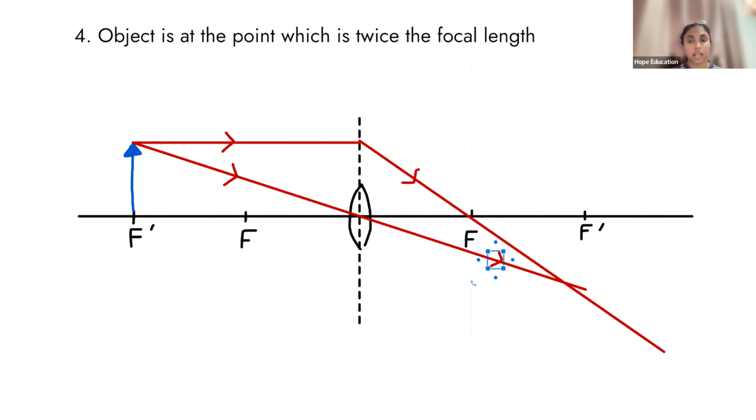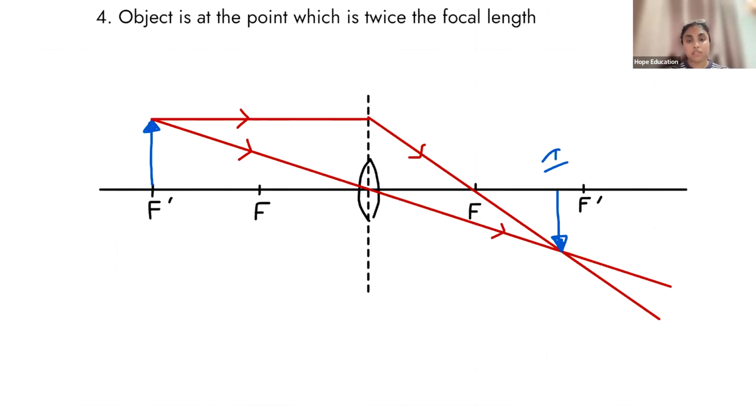So this is where the two light rays meet. Therefore, this is my image. Okay. So as usual, we are going to write the location of the image. This is between the focal length and twice the focal length, but on the other side of the lens, right?